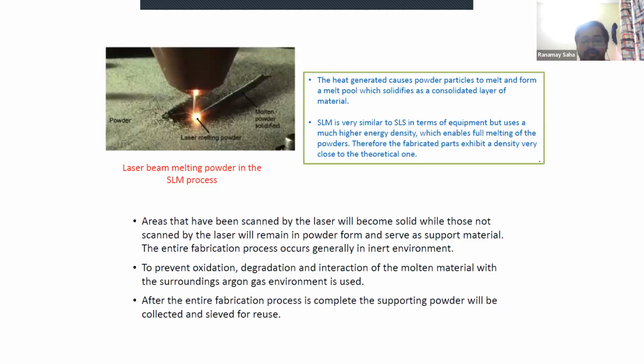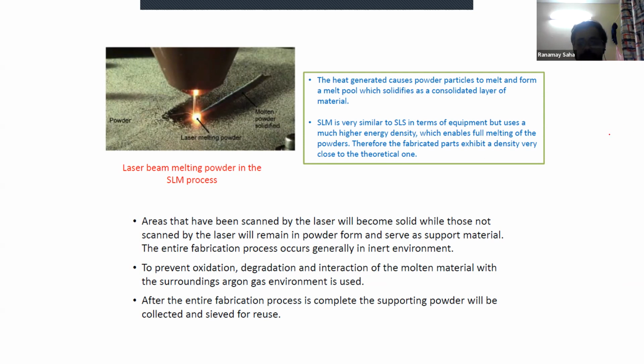So both use that to take one layer of powder, drop down by a unit thickness, and then spread the second layer over the earlier one.